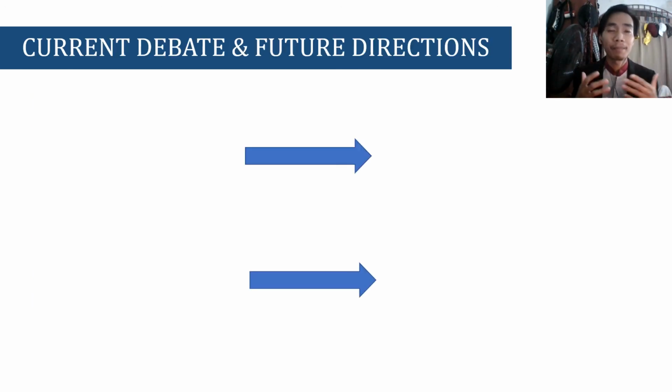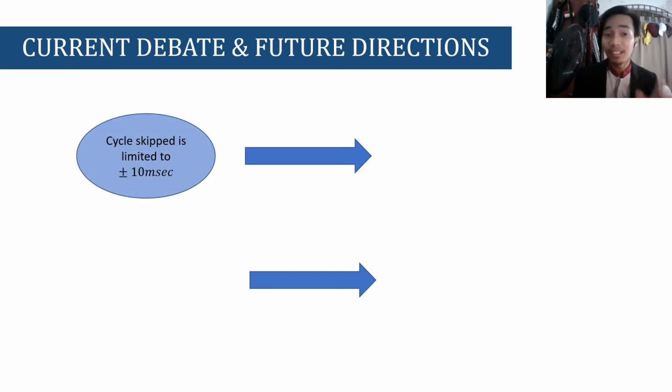So after some studies between the historic and the recent papers on residual static corrections in this presentation, we can say that they have some current debate, and for future direction that will lead to better technology in terms of the residual static correction. For the first, the cycle skip that we use is limited to plus minus 10 millisecond only.